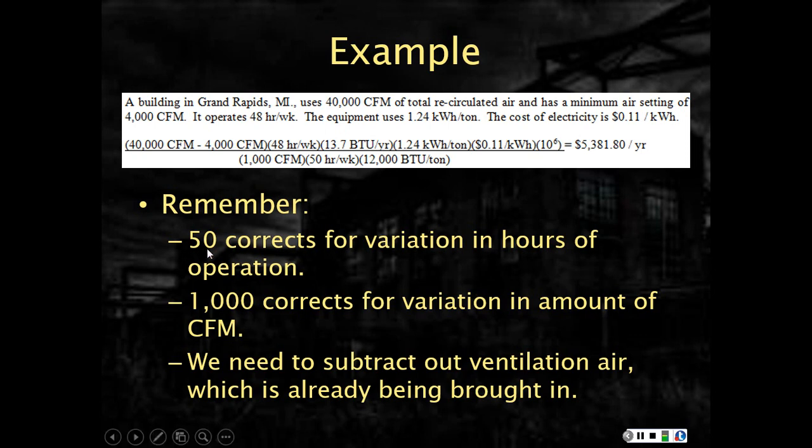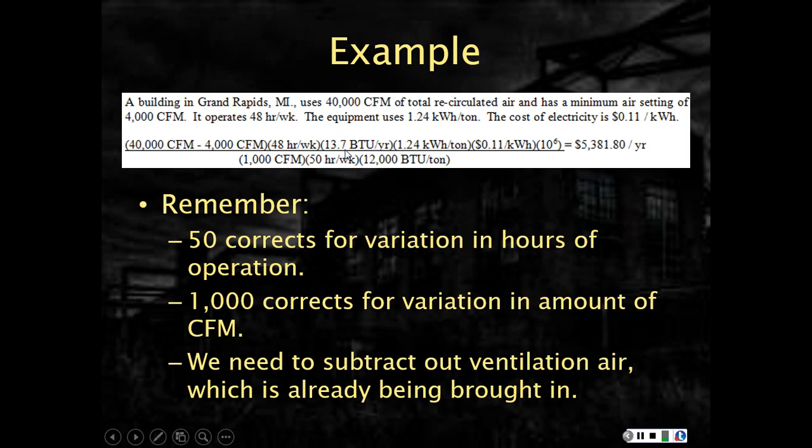So when we plug that in, this is our total air of the unit minus the minimum outdoor air that it's bringing in for ventilation, times the actual hours per week of operation. This we got from our correlation weather table.